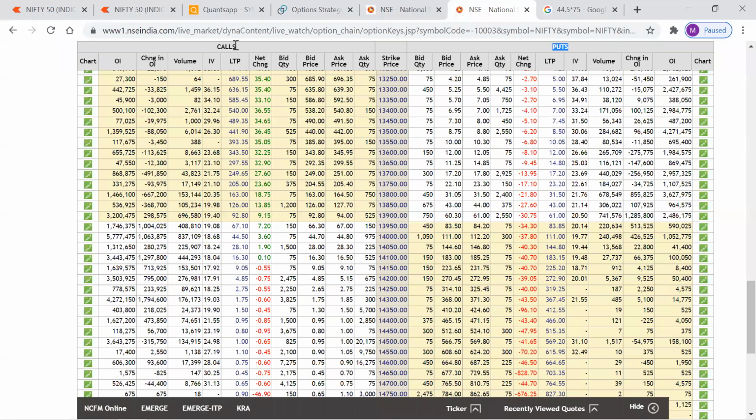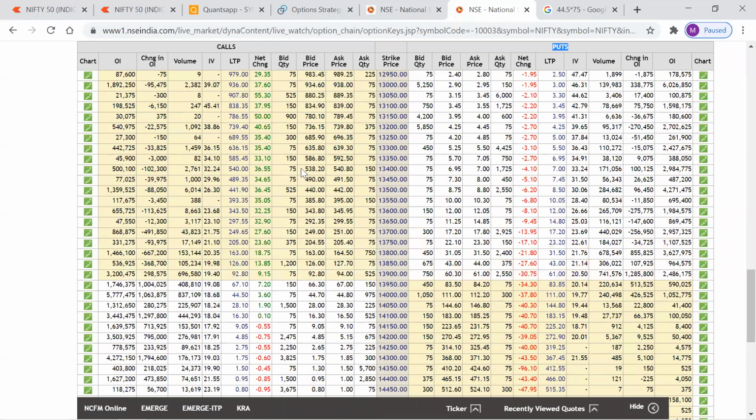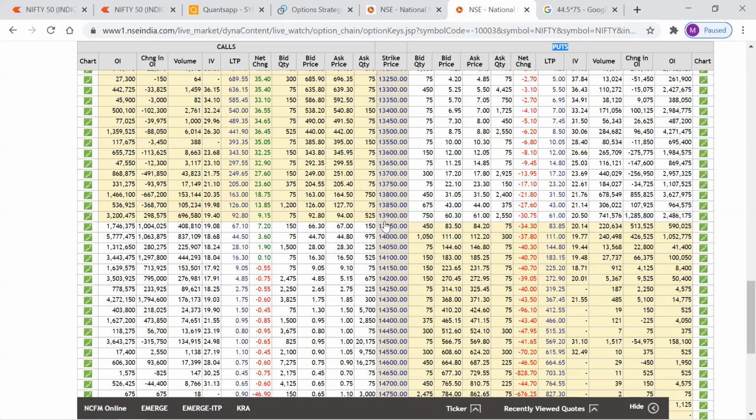All right. So the left side of the table is data related to calls. Okay. So all this data is related to calls, and all this data towards the right side of the table is related to puts. Okay. Now say what is the at the money strike? The at the money strike is nothing but 13,900 or 13,950.